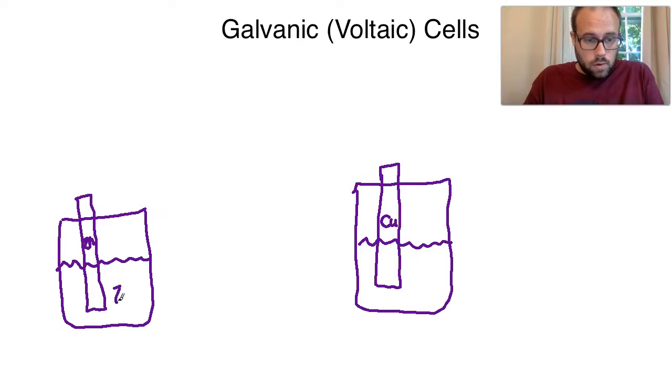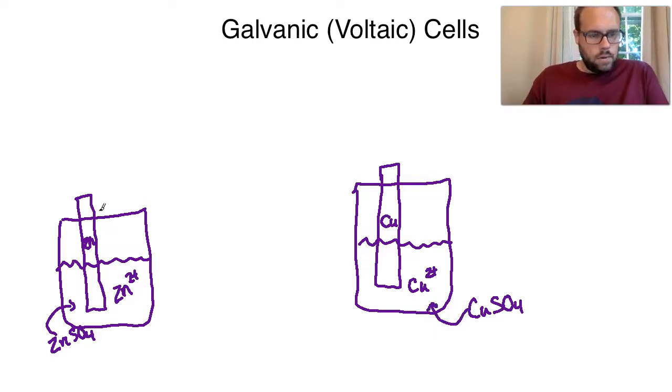So here, we're going to generate zinc 2+ in its aqueous form, and here we're going to generate copper 2+ in its aqueous form. All right, now the solutions themselves are going to be zinc sulfate, so that will be what's responsible for generating the zinc 2+, and the copper sulfate will be responsible for the copper 2+ ions in solution.